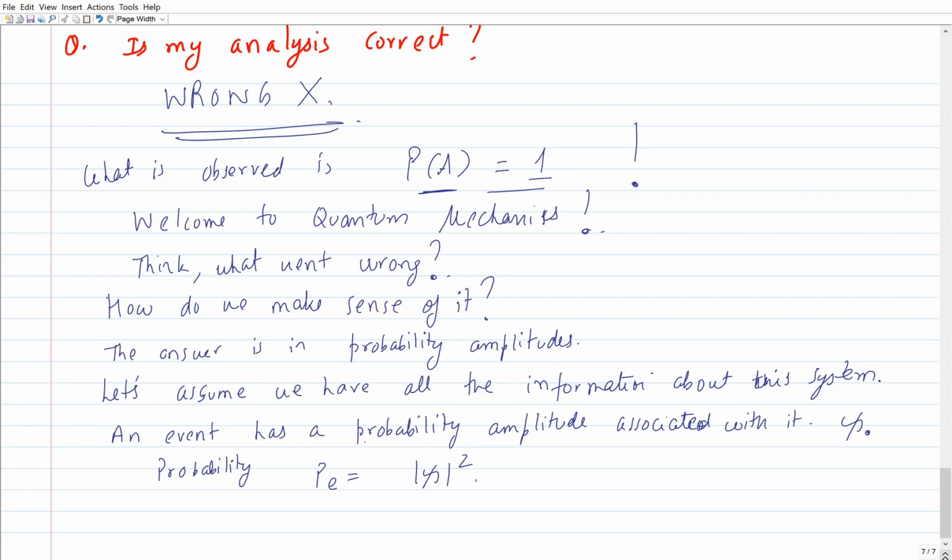So an event has a probability amplitude, which is generally a complex number, associated with it, and the probability of that event is just the absolute value squared of that. Now you can take this as rule 1.